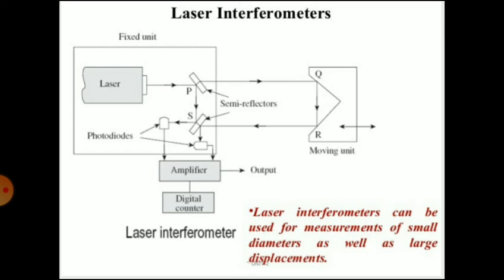At the right hand side there is a moving unit. Below that there is an amplifier, digital counter and the output. Laser interferometers can be used for measurements of small diameters as well as large displacements.